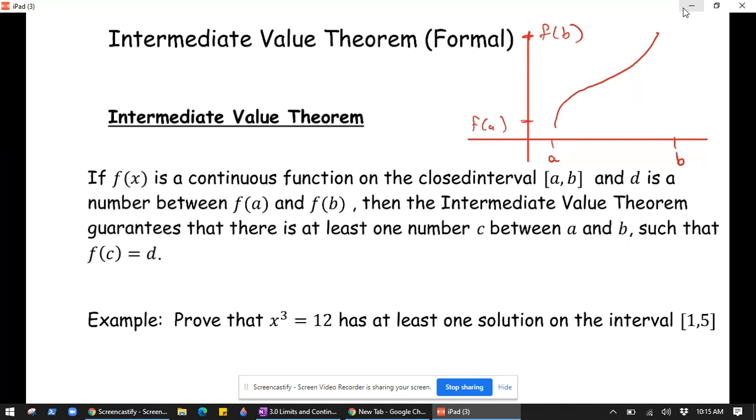And what they're saying is d, right? If d is a number between f of a and f of b, no matter where you put it, let's just say d is here, right? Because f is a continuous function, there will always be an input that will yield that output, right? So f of c clearly equals d in our picture here, and that's guaranteed that there's at least one of those, at least one, that will produce that output.